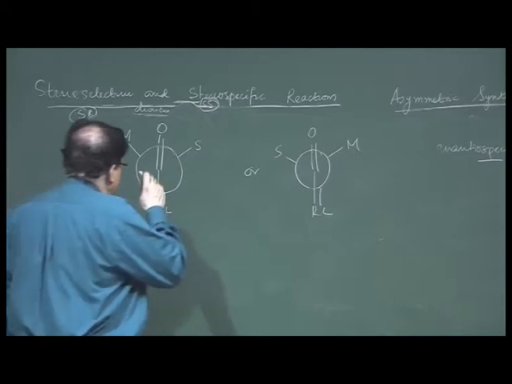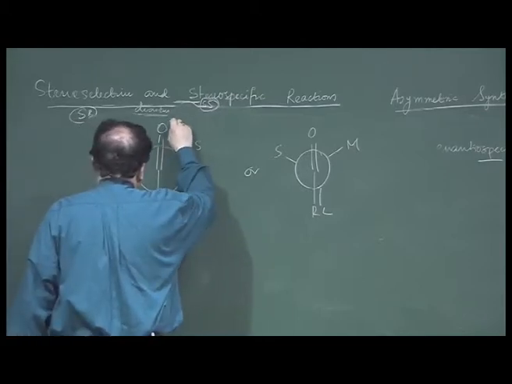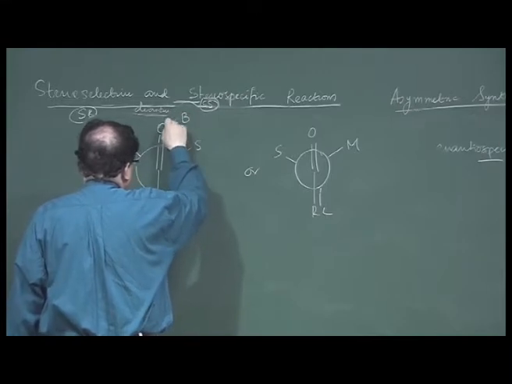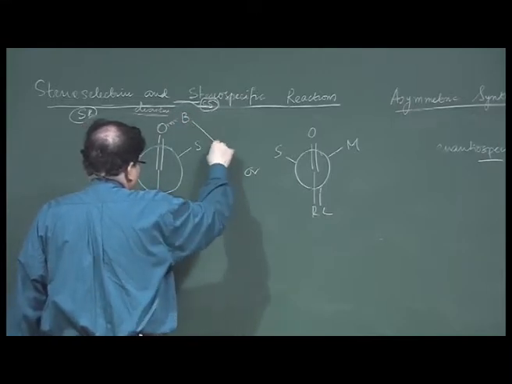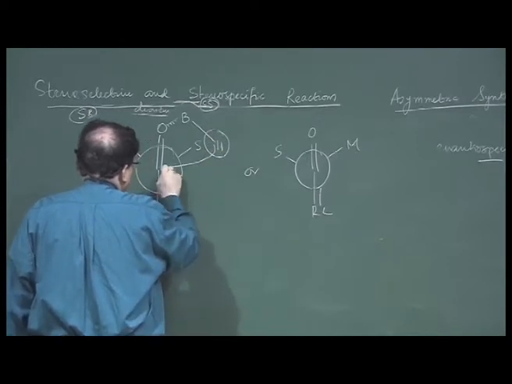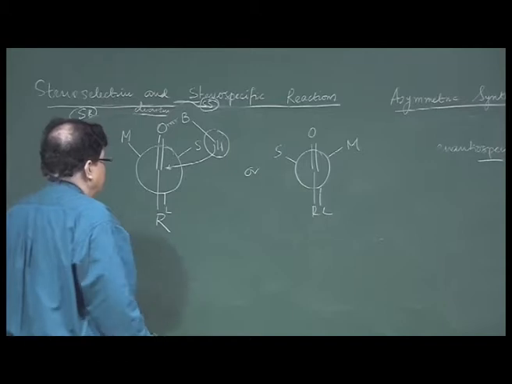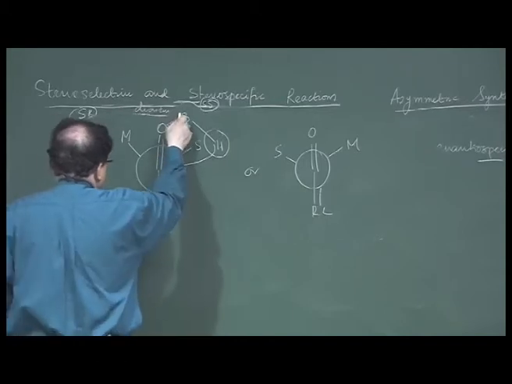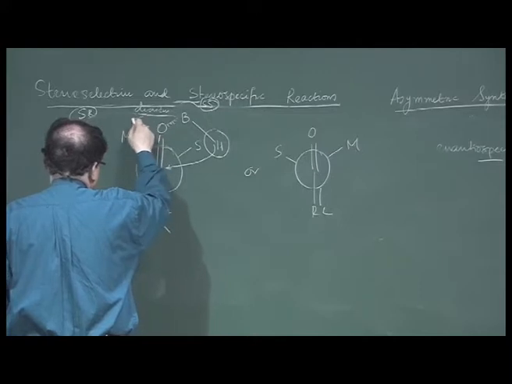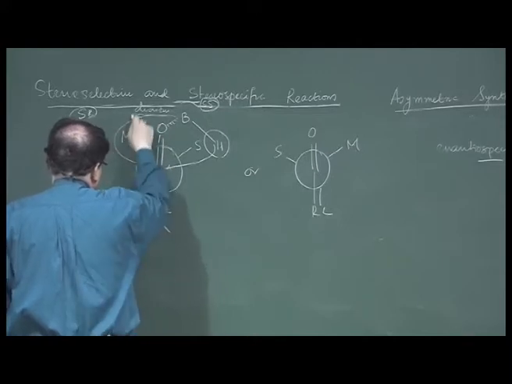Once it is fixed like that, suppose I am doing a borohydride reduction. Boron is complexed to the oxygen and then it has the hydride. The hydride will now approach the carbonyl from the side of the smaller group. It could have approached from the side of the medium group, but according to Cram this approach is not favored.